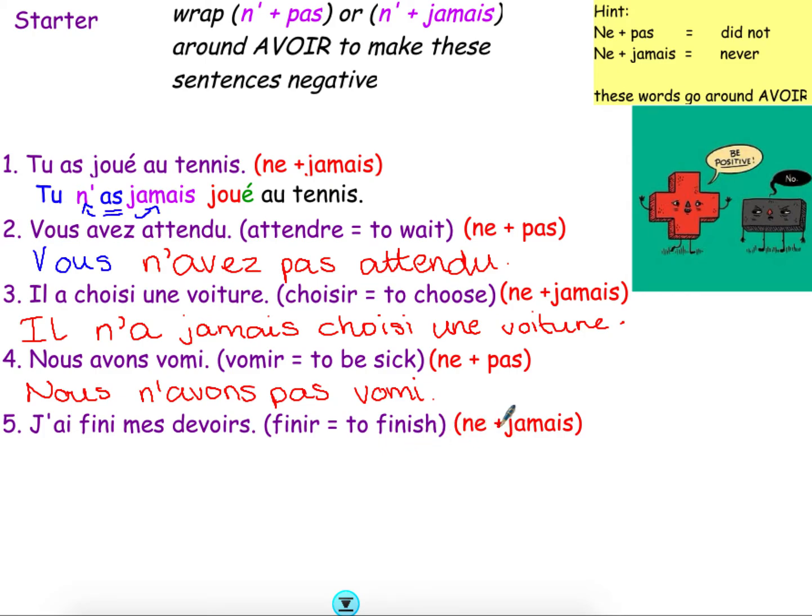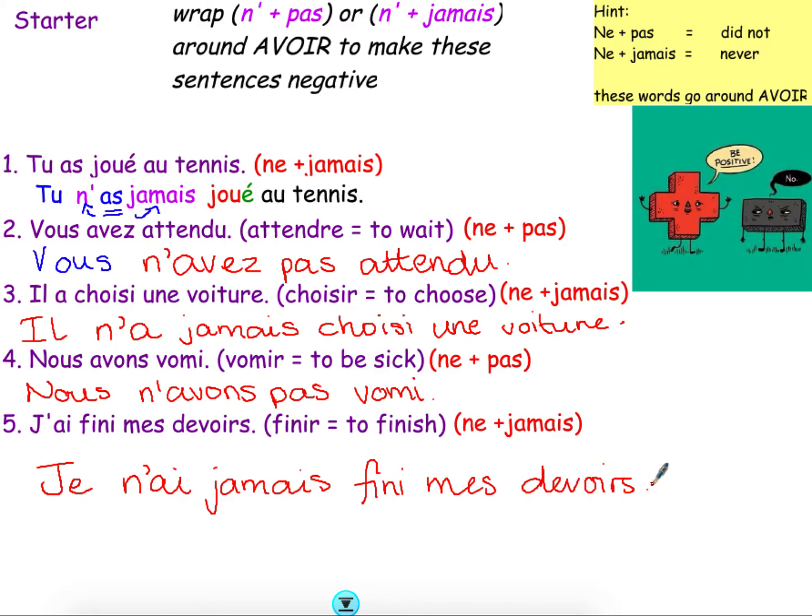We're going to change this into I never finished my homework. So remember, we can now put je because that n is there now, but we still need to put an apostrophe after the n. Okay, so je n'ai, wrapping that other part around, jamais fini mes devoirs.